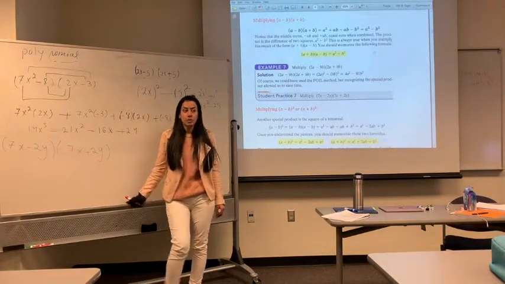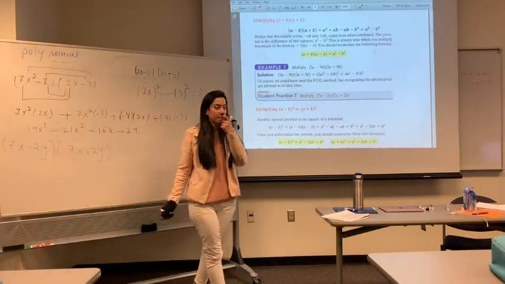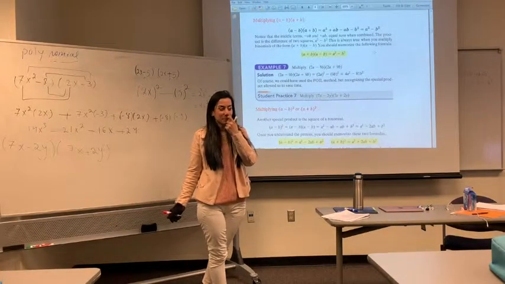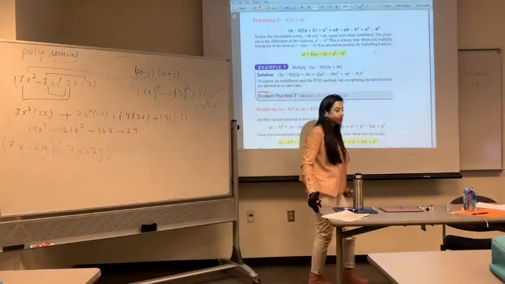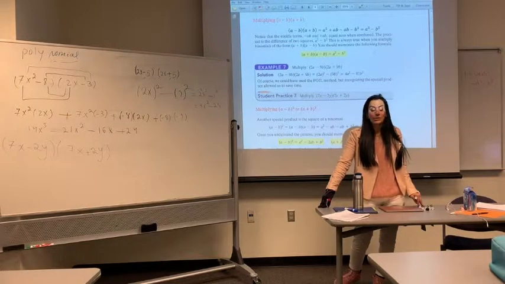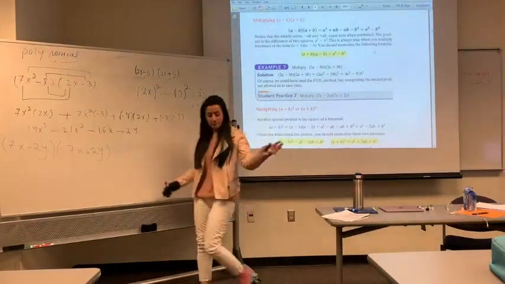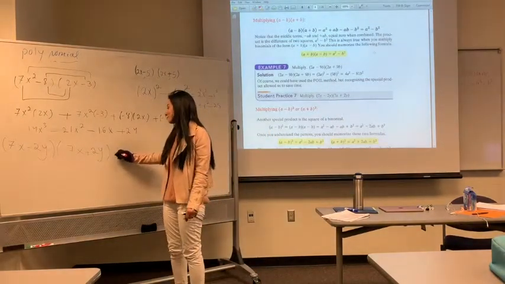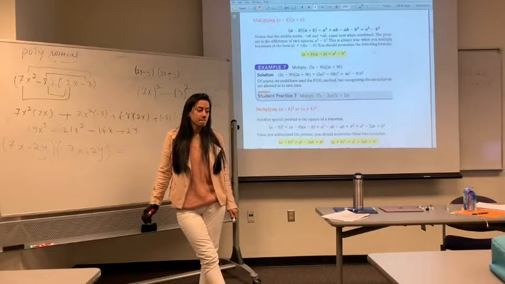So use the formula I gave you. Use it, write it down. I don't want you to just have the formula, I want you to use the formula. Solve it.